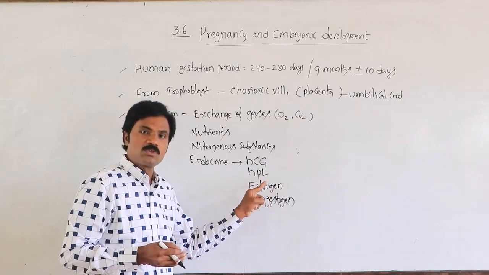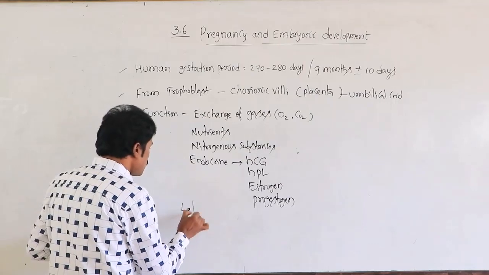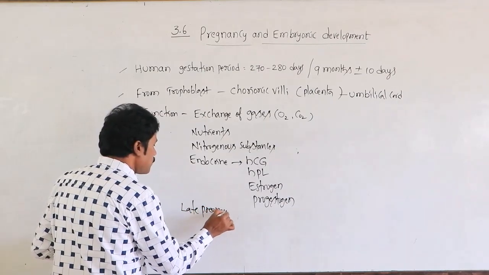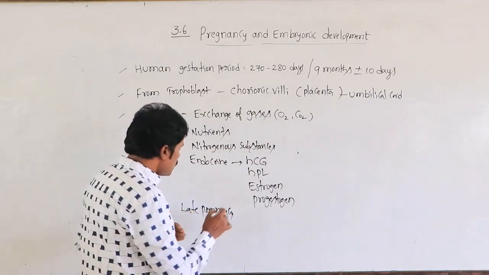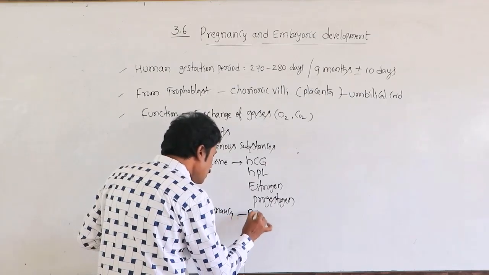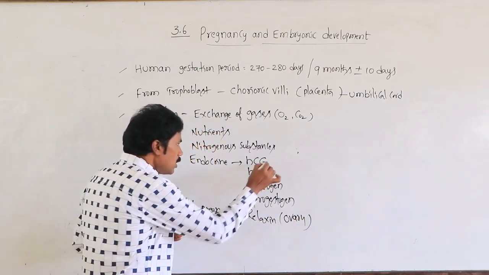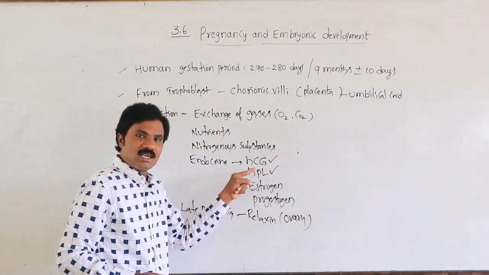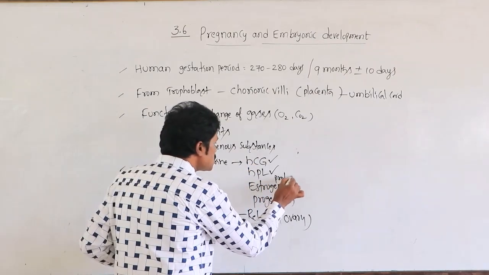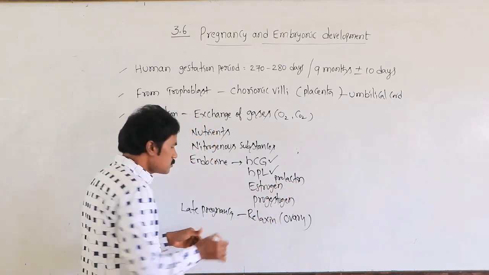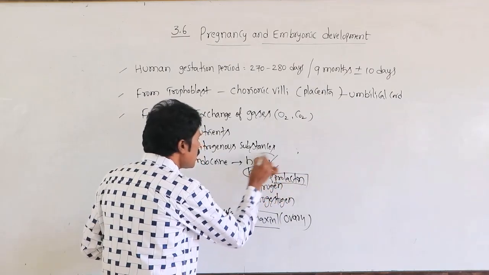Estrogen and progesterone are present even in late pregnancy, that means almost until completion of the gestation period. Then relaxin is secreted by the ovary. So HCG, human placental lactogen, and also prolactin, then relaxin, prolactin, HPL, HCG.